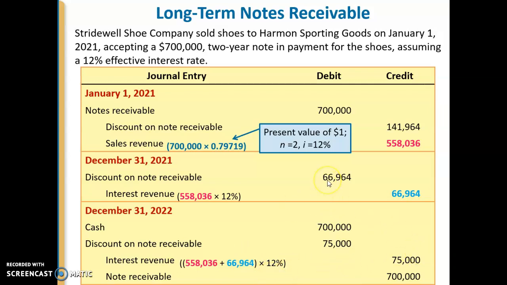Notice that $66,964 plus $75,000 debits to discount on notes receivable totally eliminates this initial credit to discount on notes receivable.